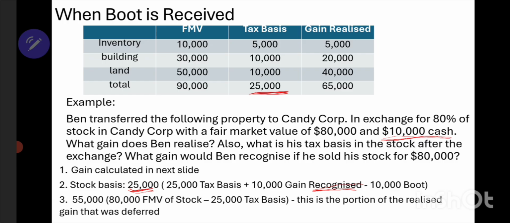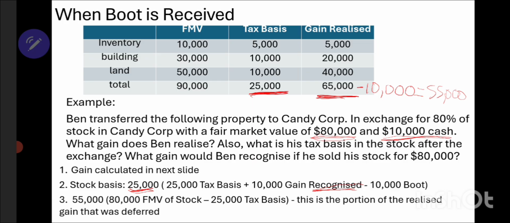We're going to take the fair market value of the stock, the $80,000, subtract out the tax basis, and then this is the portion of the realized gain that was deferred. So we already recognized that $10,000 of the $65,000. So the remaining amount of gain that has to be recognized is $55,000.